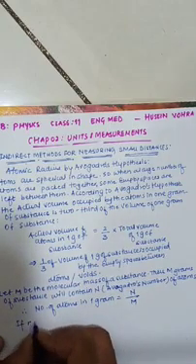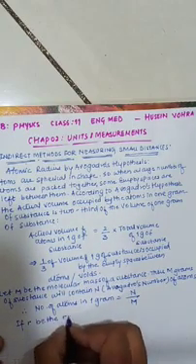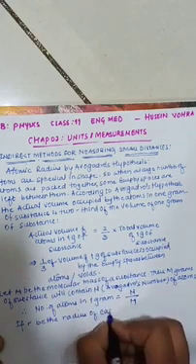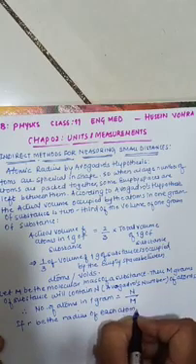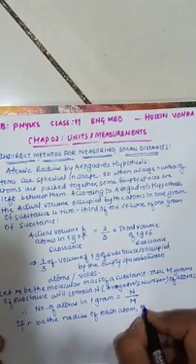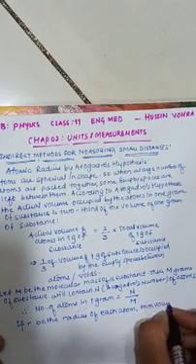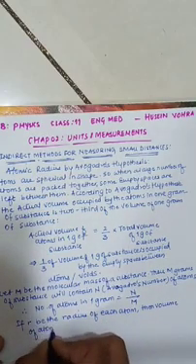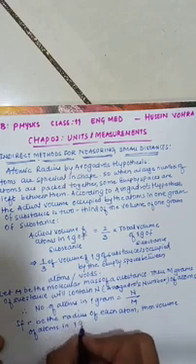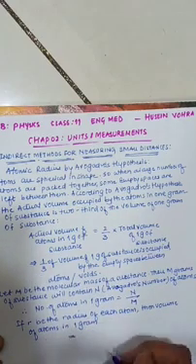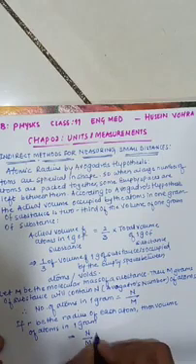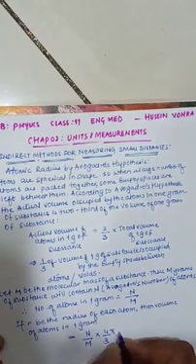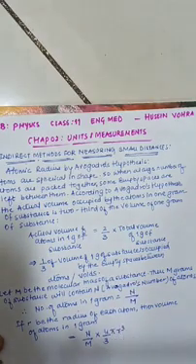If R be the radius of each atom, then volume of atoms in 1 gram is equal to what? Number of atoms, that is N by M, and volume of one atom is what? 4 by 3 pi r cube. Clear?